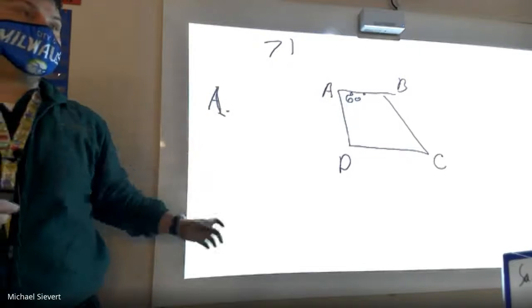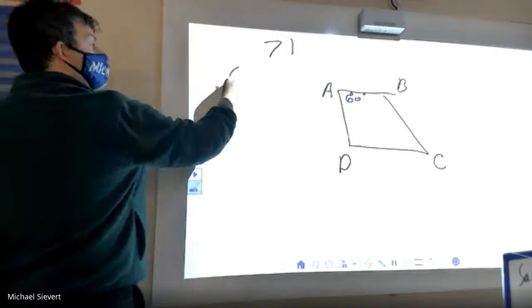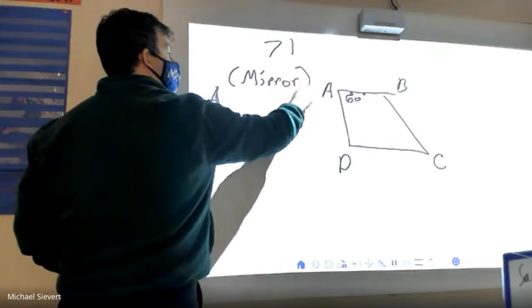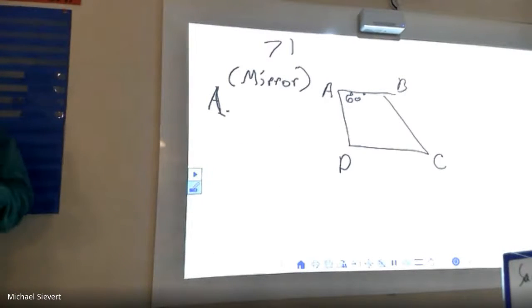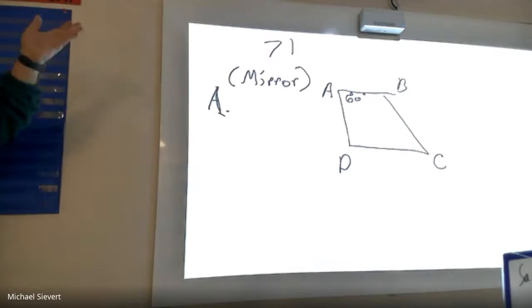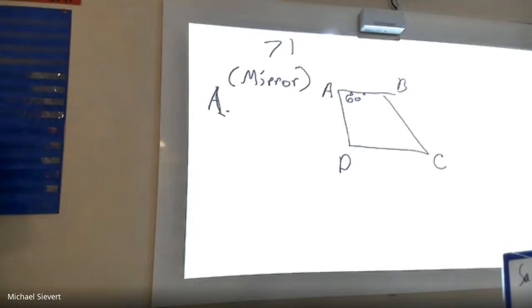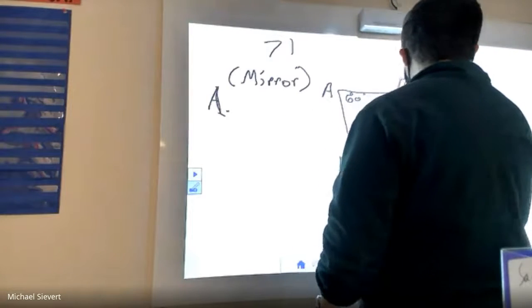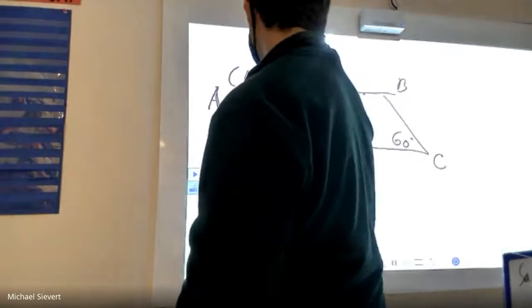So next to the letter A, write in parentheses, mirror. When you look in the mirror, you see exactly what you're looking at. So if C is a mirror of A, how many degrees is C? Jamaria? 60. Right, it'll be 60. So your answer for A would be 60 degrees.